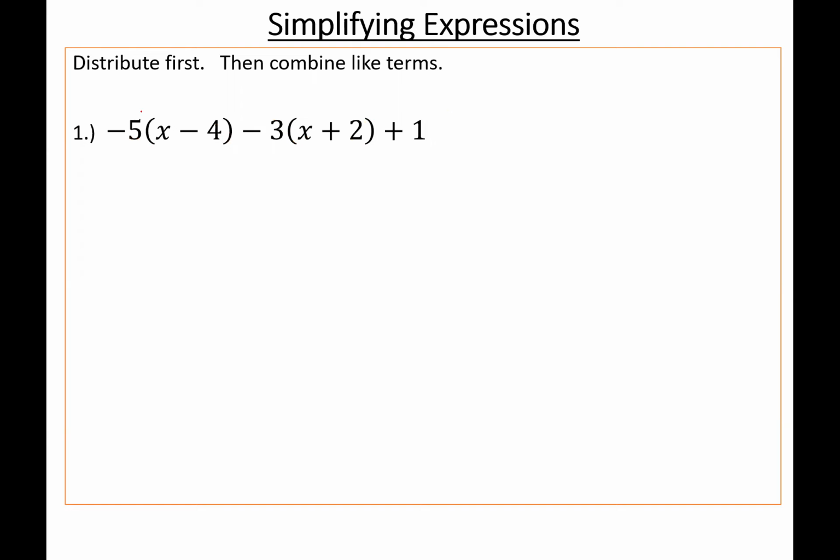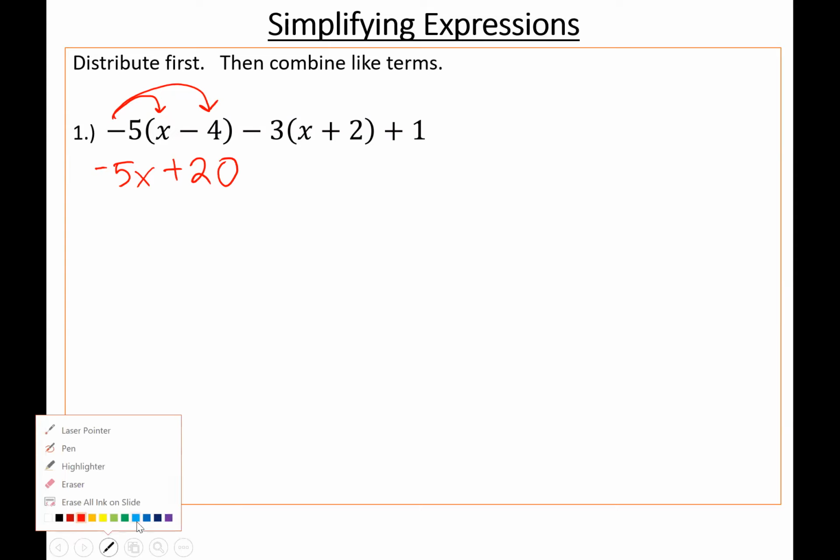Okay, so back to the beginning, -5, then there's parentheses. We're about to distribute the -5 into x minus 4. So -5 times x is -5x. -5 times -4 is positive 20. So what I've written so far is -5x plus 20. Next, we're going to distribute this -3.